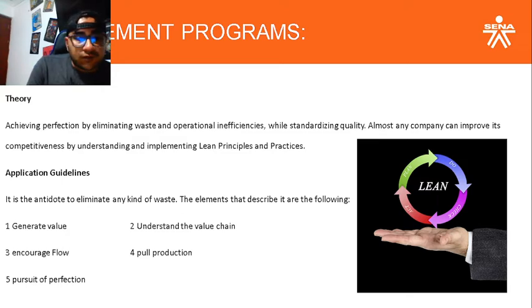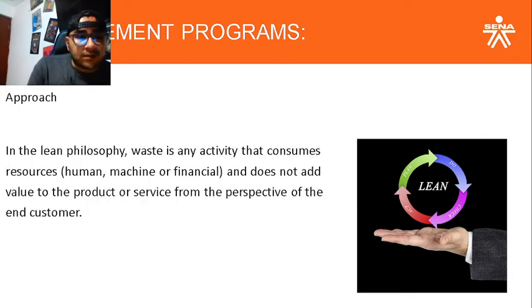Pull production. 5. Pursuit of perfection. Approach. In the lean philosophy, waste is any activity that consumes resources, human, machine, or firm, and does not add value to the product or service from the perspective of the end consumer.